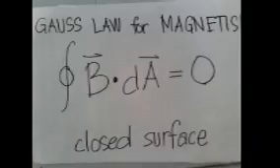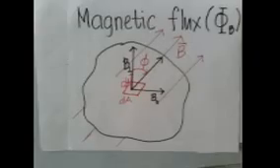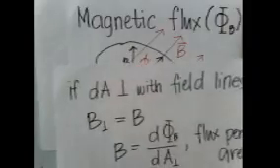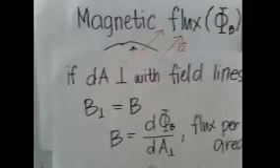This is the magnetic flux through any closed surface. Now, if the element of area dA is at a right angle to the field lines, then B perpendicular is equal to B. Calling the area dA perpendicular, B is equal to the magnetic flux over the area.